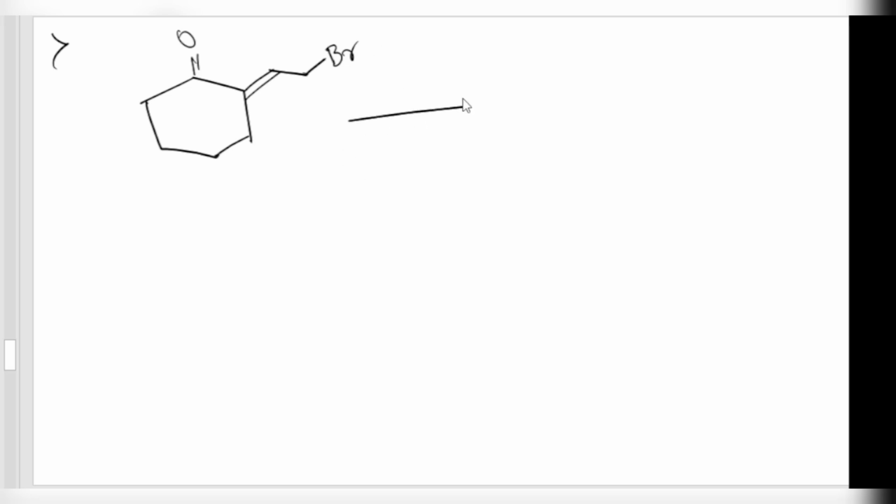Again here if I add OMe, then we will get up to a three-membered ring. I will write like this, and afterwards I will show the mechanism. Finally we will get like this, correct? Okay, in this case what will happen is, here generation of enolate we will write like this, correct?